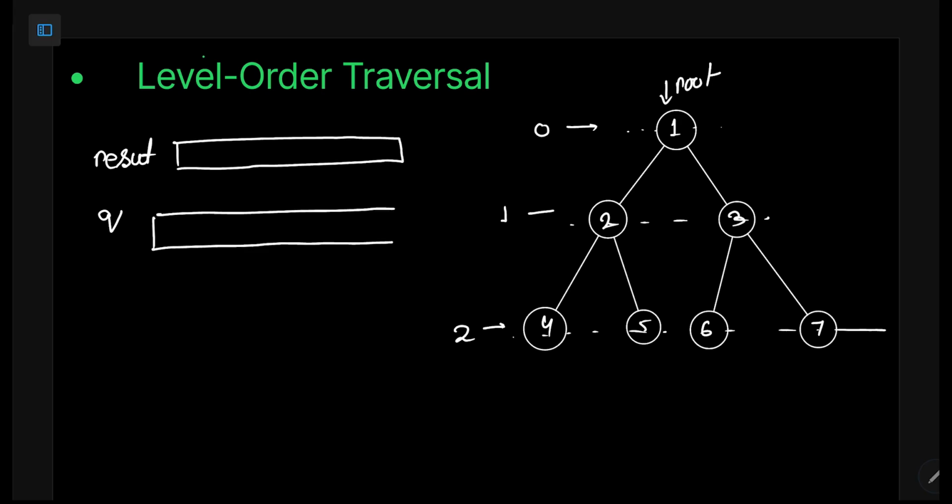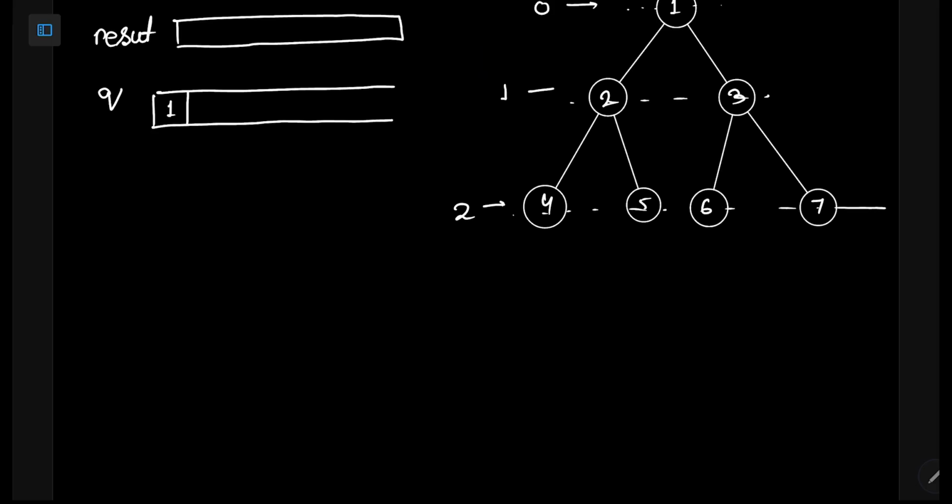Initially we will push the root into the queue, and so for that we will take a current node and a current level, which will be 0, and then we will create a loop while the queue isn't empty.